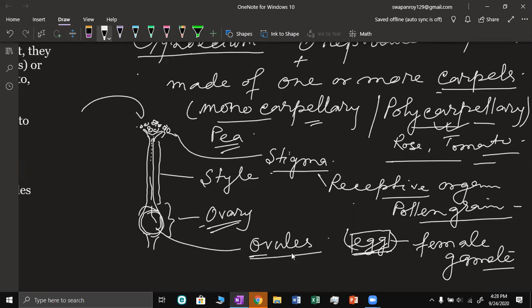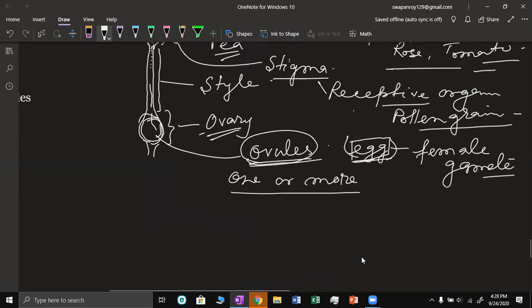The number of ovules may be one or more. Where do we get one ovule? You eat plums, you eat a mango, there is only one seed.